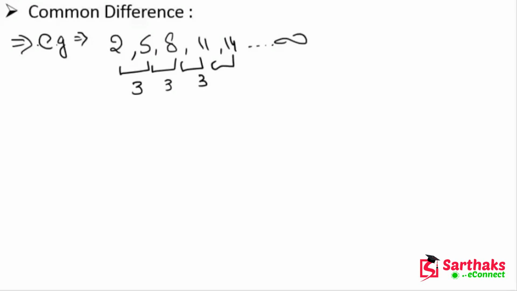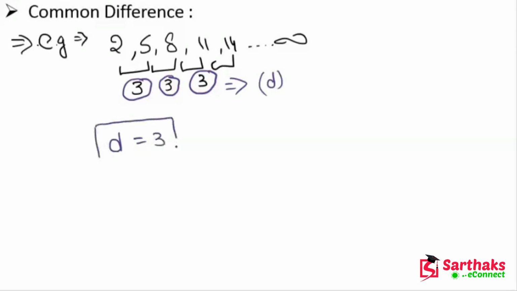If you observe this, the difference is the same every time. So this difference is called the common difference, and we can represent it as d, small d. So what is d in this case? The d is 3. Okay, so this is our d.